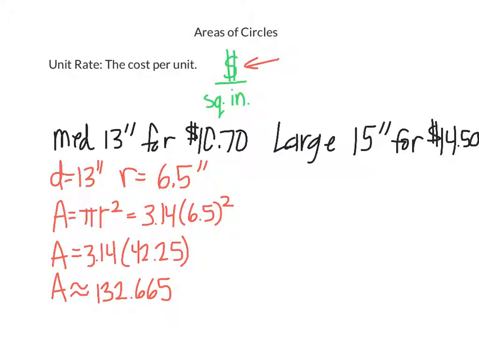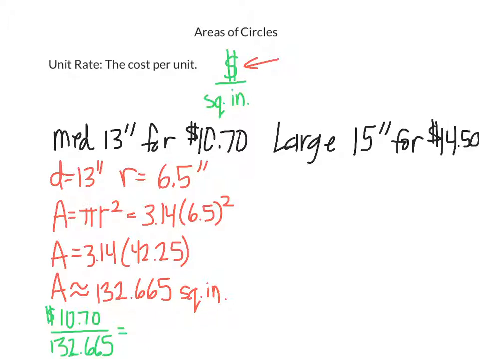So I'm going to change to a different color just to show that. So now I'm doing $10.70 divided by, and if you want to, put on your little dollar sign to remind you. Oh, and I forgot to put square inches. I should not forget to do that. So divided by 132.665. Now I don't need to put my units in here because I'm just going to calculate that on my calculator now.